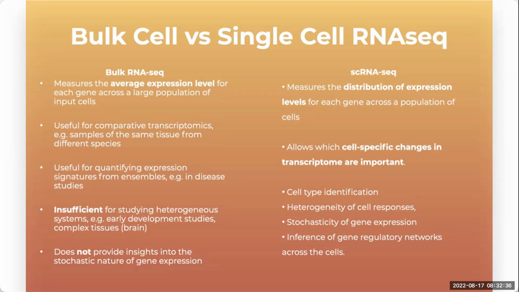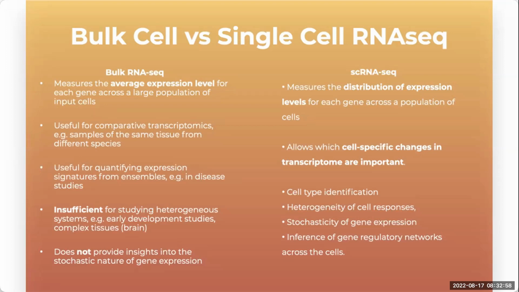For example, as we already saw, we can study heterogeneity and differentiation, and we can also study the stochasticity, or the randomness, of gene expression across the different cellular populations. And we can also study the inference of gene regulatory networks across the cells for any given condition.